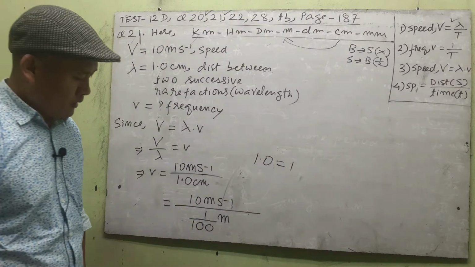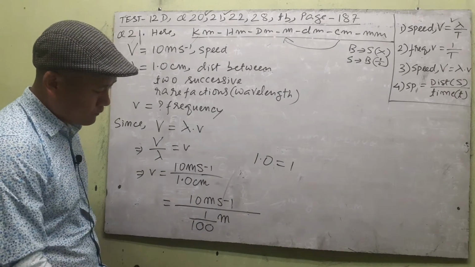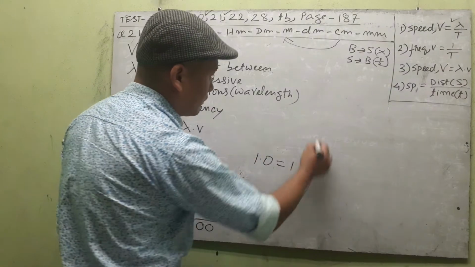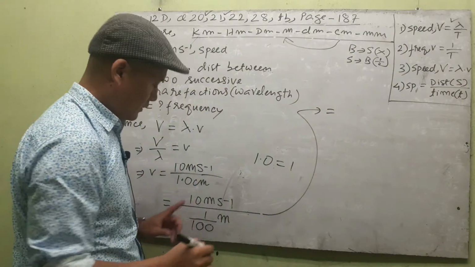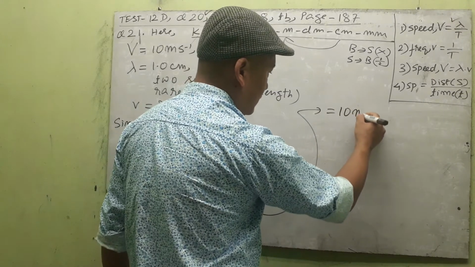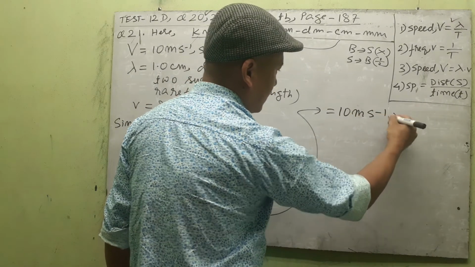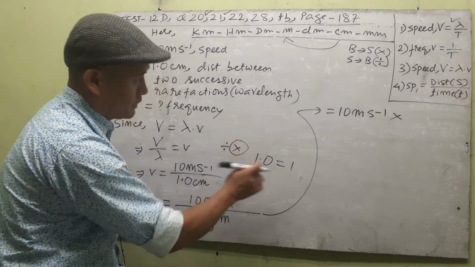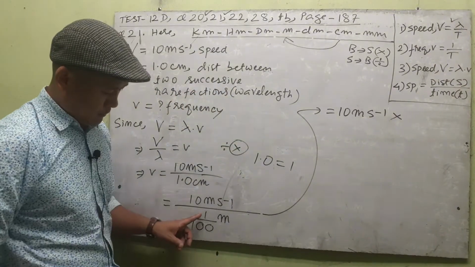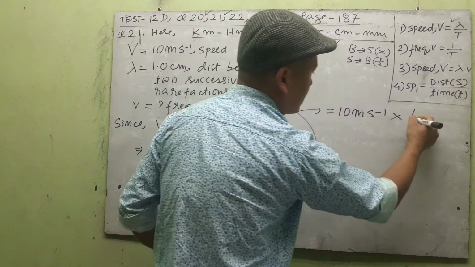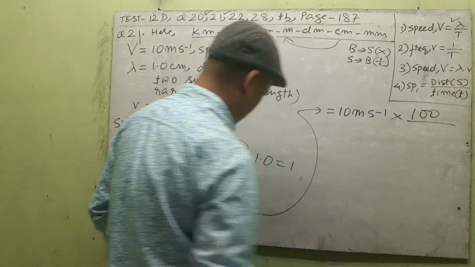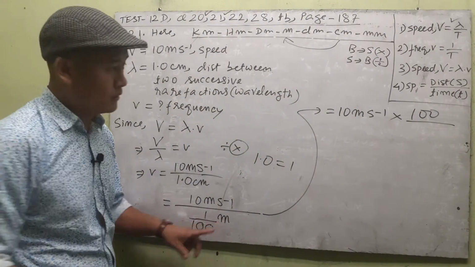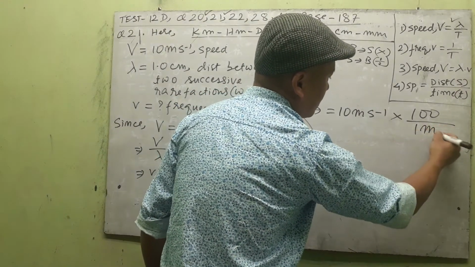Then that will be equal to 10 meter per second into, if we change this long line division into the multiplication sign, then up and down switch. So the denominator 100 will go up, and the numerator 1 meter will come down.